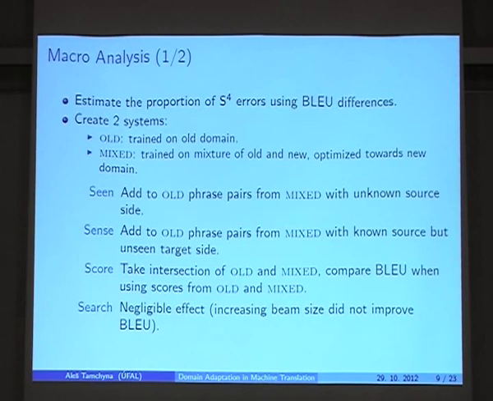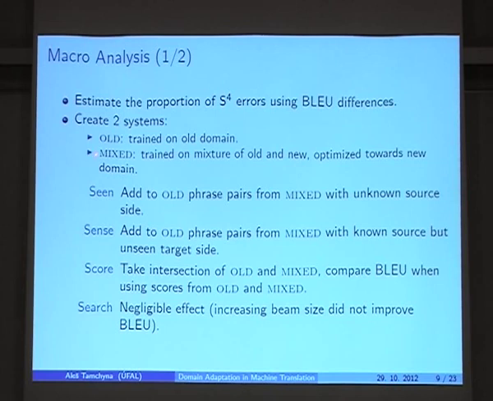And how do you then use these two phrase tables to determine the sources of errors? So the seen errors, the first type, is quite easy. You just add the unknown source phrases from the mixed phrase table to the old and see how much improvement in BLEU score you get.